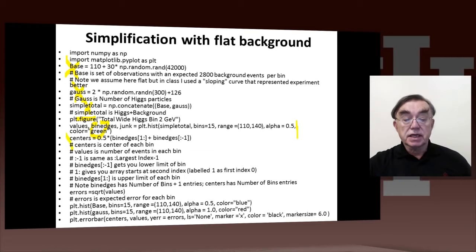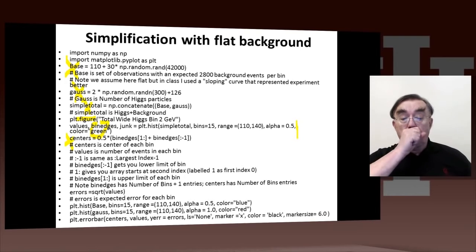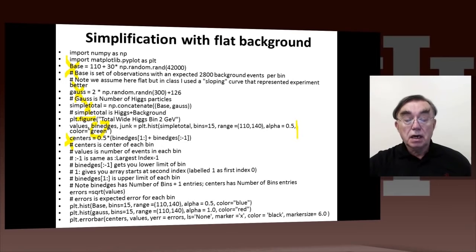Here we have set the centers of the bins. And this is a slightly subtle use of Python's automatic syntax for arrays. The 1 colon corresponds to taking the bin starting not at the 0th but at the 1st. That's because we want the top edge of the bin.